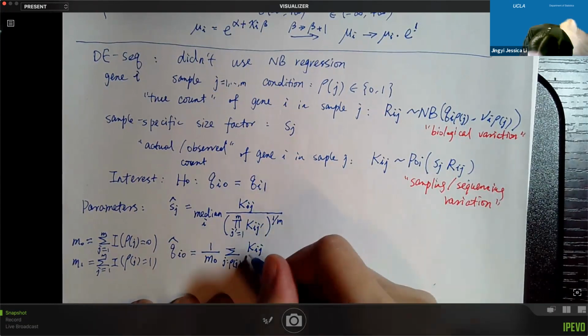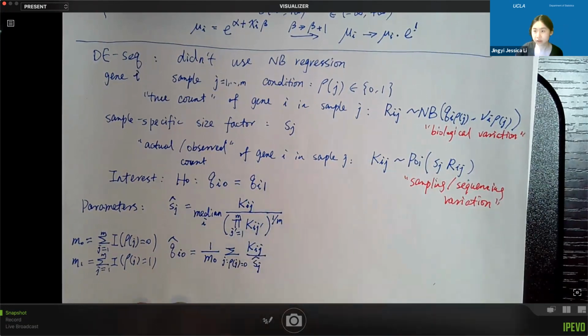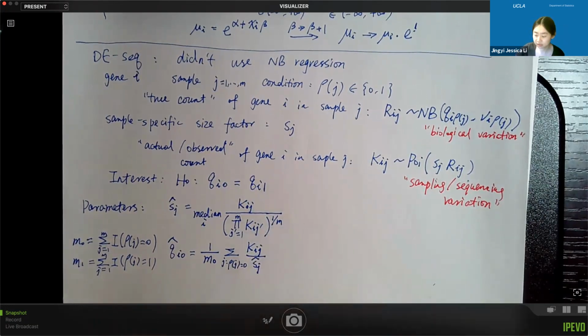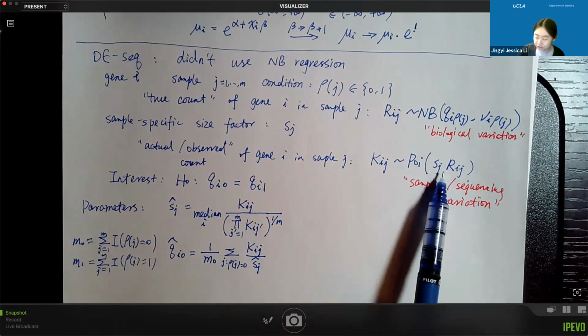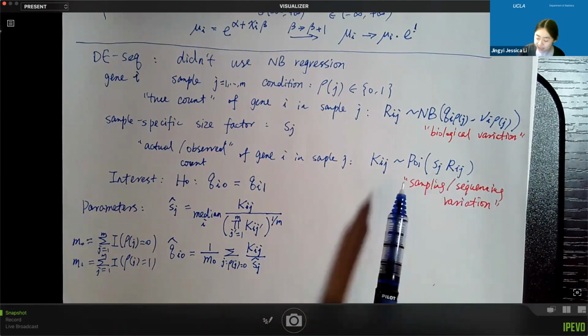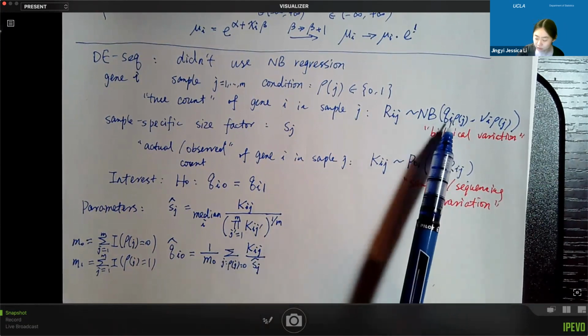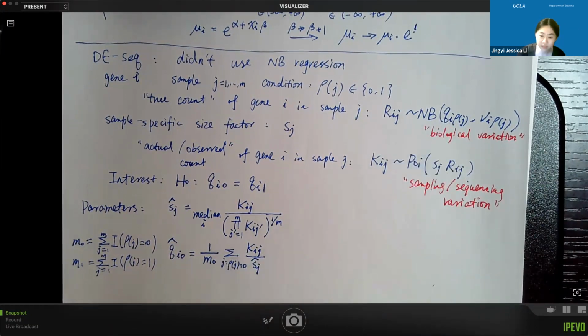And they divide Kij by Sj hat. So in other words, what they try to do is that they consider Kij divided by Sj hat as the Rij. And then they take the average of the Rij's to estimate Qi0. So intuitively, that's the procedure, what they did.